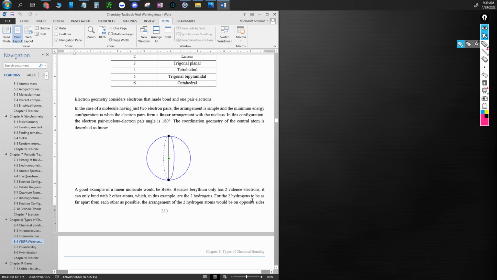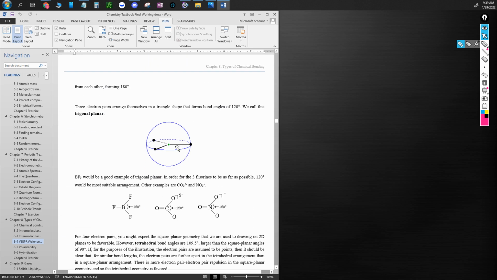So this might be a pretty good chance to capture these pages so that you can go over them. We went over the linear shape, 180 degrees, right? And then we went into the three-dimensional trigonal planar, right? That's 120, 120 all the way around, okay, which is shown here too. BF3, BH3, same thing, 120 degrees here.